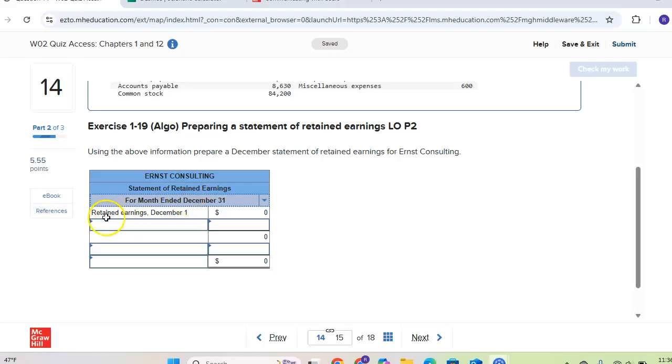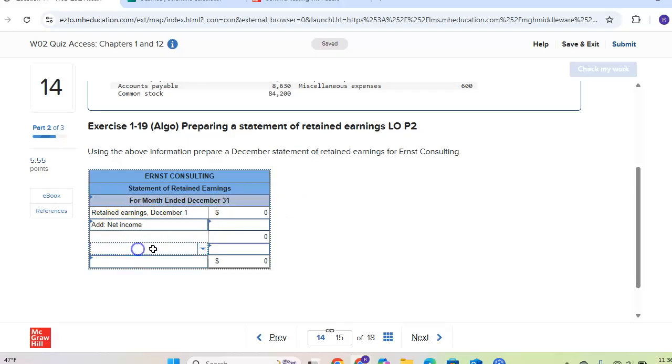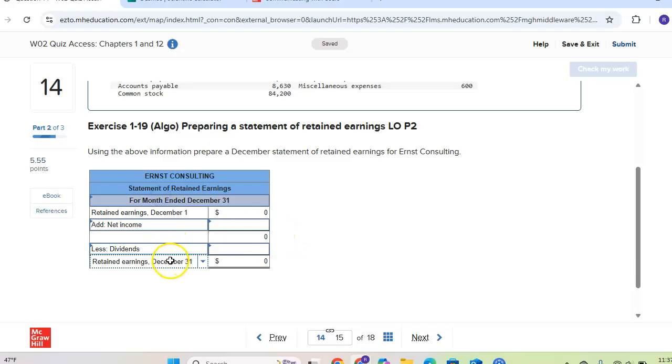At the top, it has already put in the retained earnings at December 1st, which is 0. Next, we need to put in what you add, which is net income, and what you take away, which is dividends. And then at the bottom will be retained earnings on December 31st.